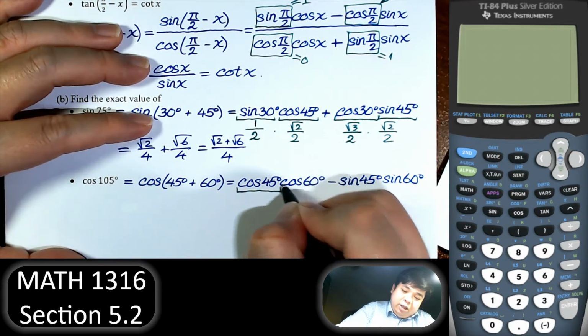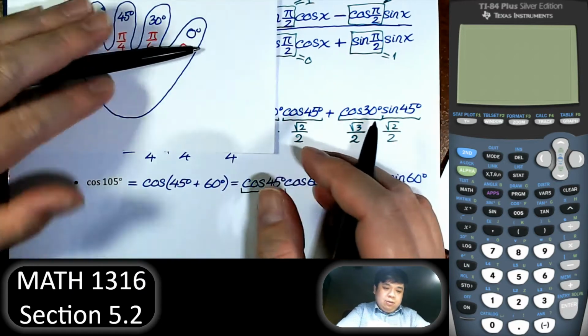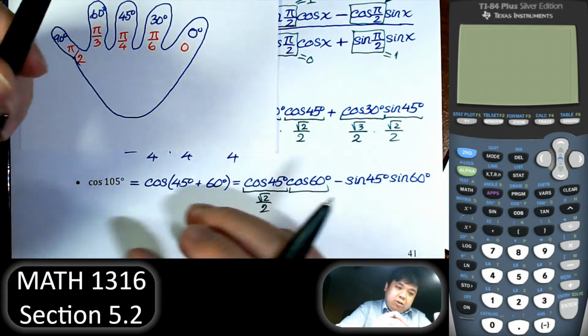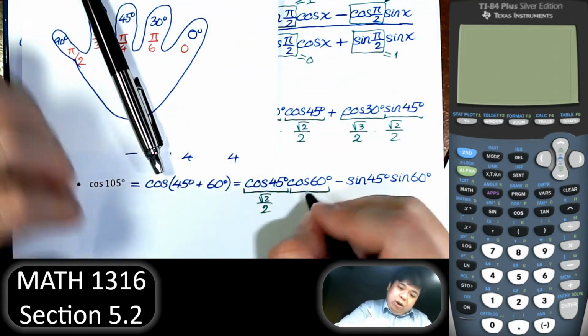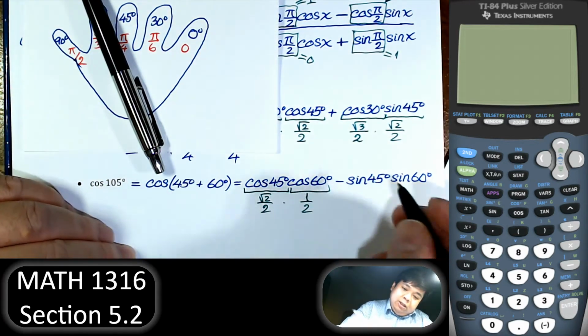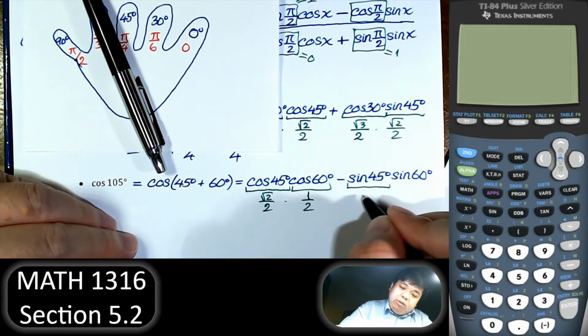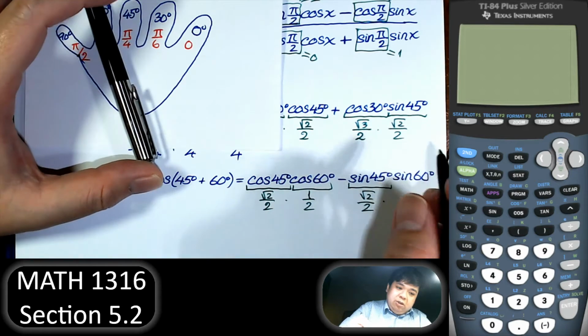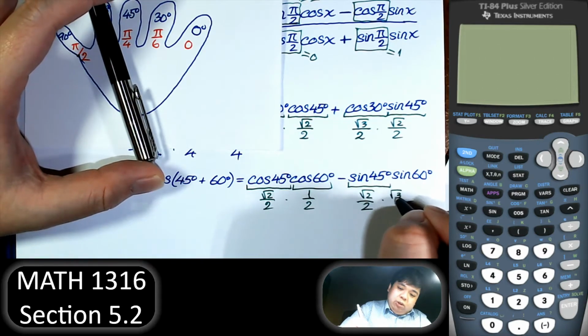Cosine 45 degrees, square root of 2 over 2. Cosine 60 degrees, 1/2. Sine 45 degrees, square root of 2 over 2. Sine of 60 degrees, square root of 3 over 2.